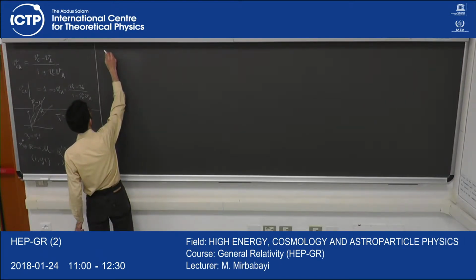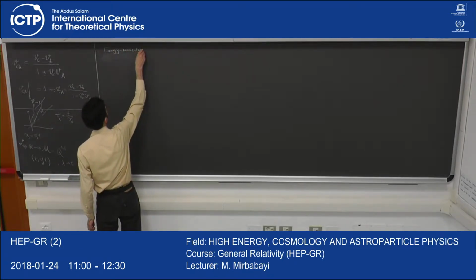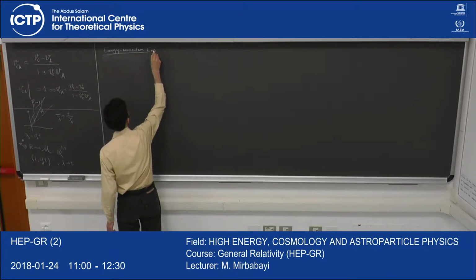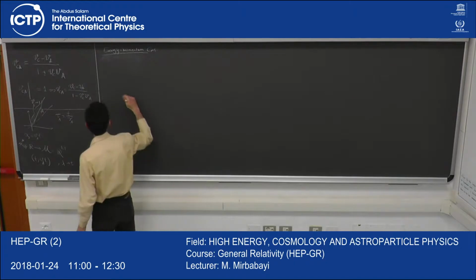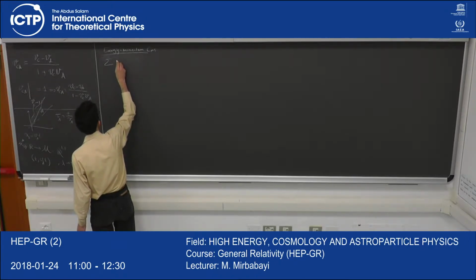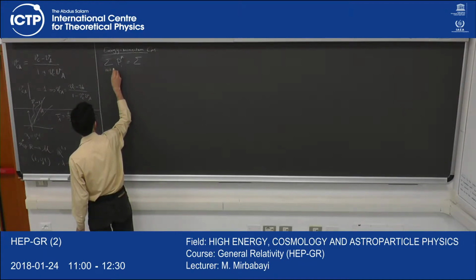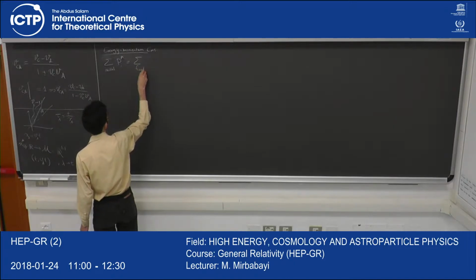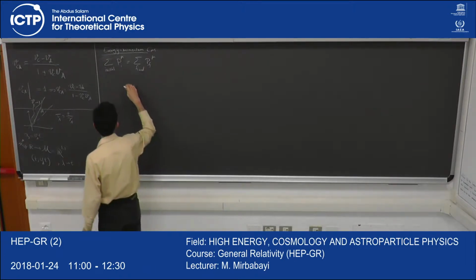If you have some process, we know that the initial and final energies and momenta have to be the same, and the way to generalize it in special relativity is that we define this momentum 4-vector, and in any process with a set of initial states going to a set of final states, the sum of these 4-vectors has to be the same on two sides.